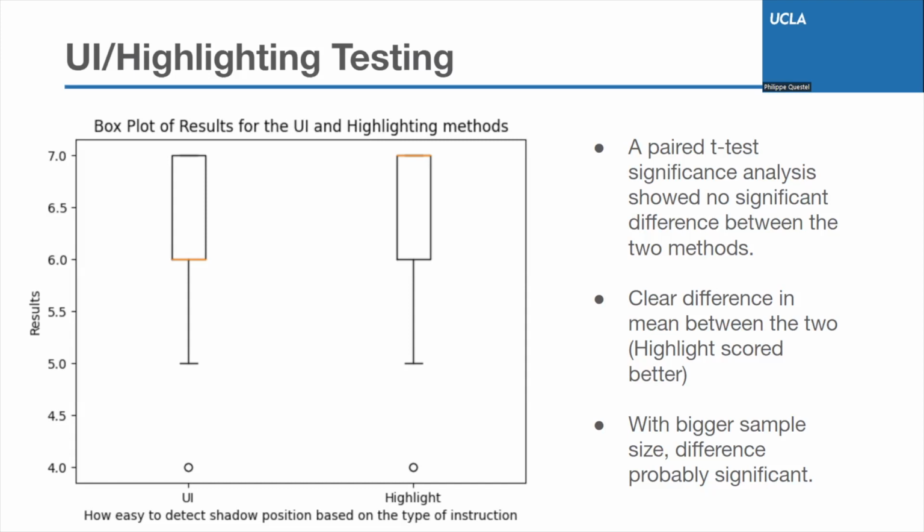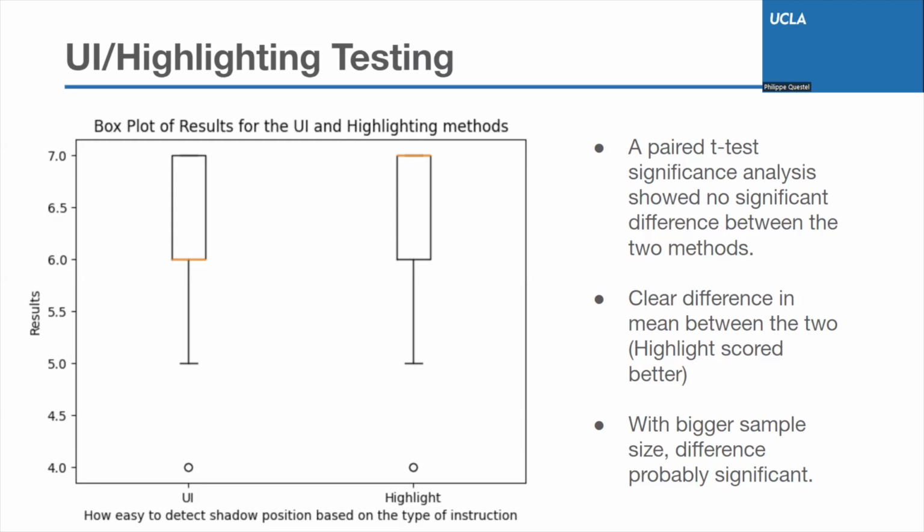But we can see a clear difference in the mean, with the mean of the UI being significantly lower than the highlighting method, suggesting that our highlighting method was preferred.